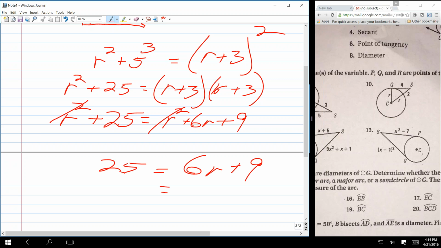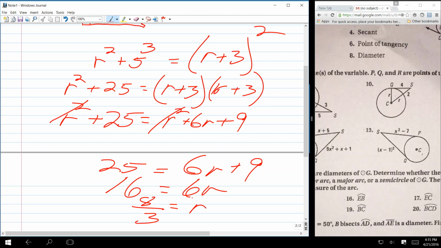25 equals 6r plus 9. That is 16 equals 6r. 25 minus 9 is 16. So r equals 8 thirds.